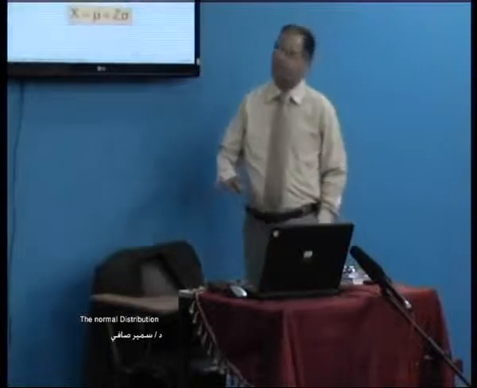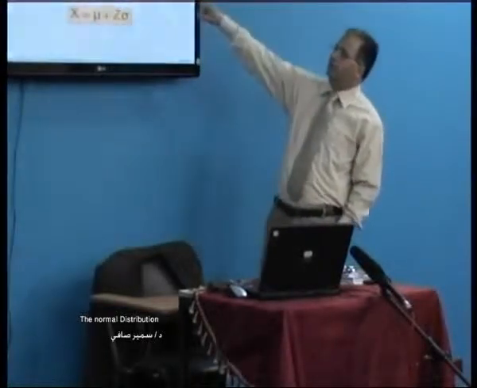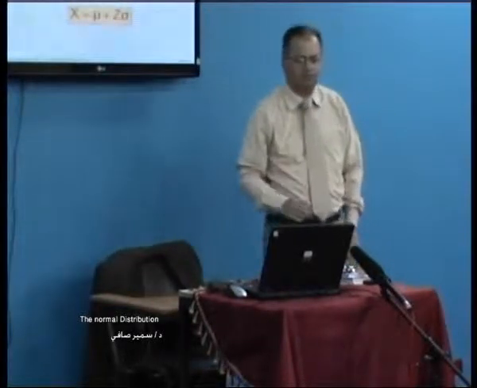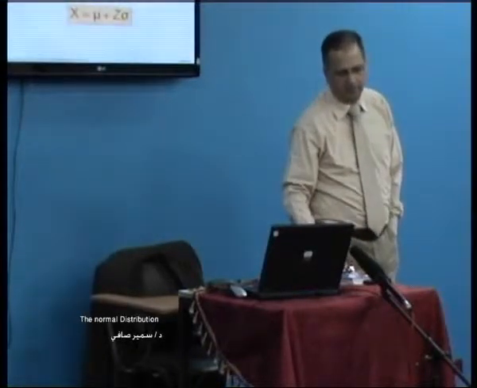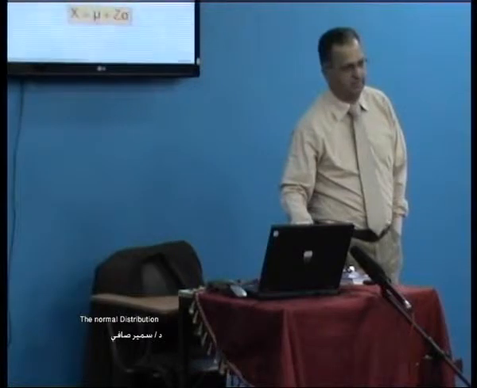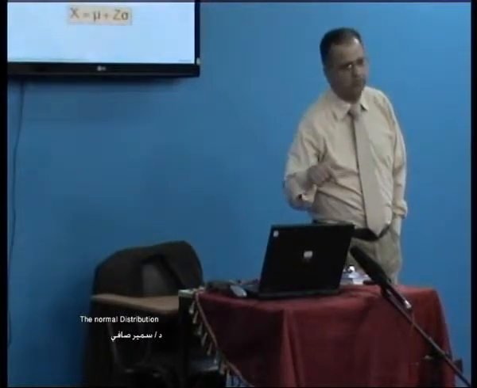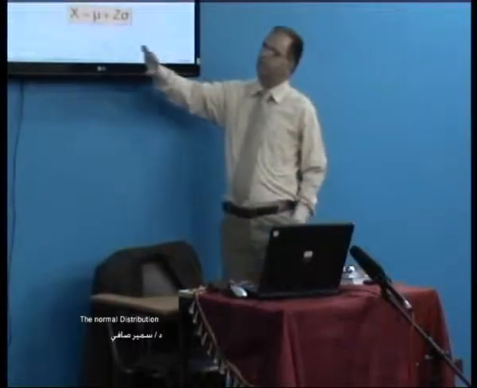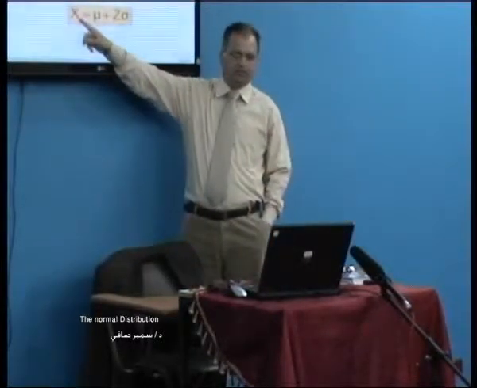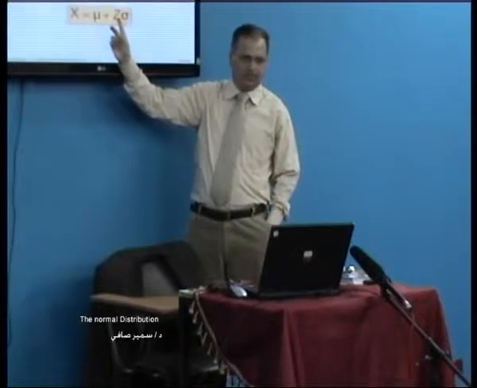There are actually two steps to find the x value for a known probability. In the first step, we have to find the z-score, then use this equation to find the x value corresponding to the z-score you have.